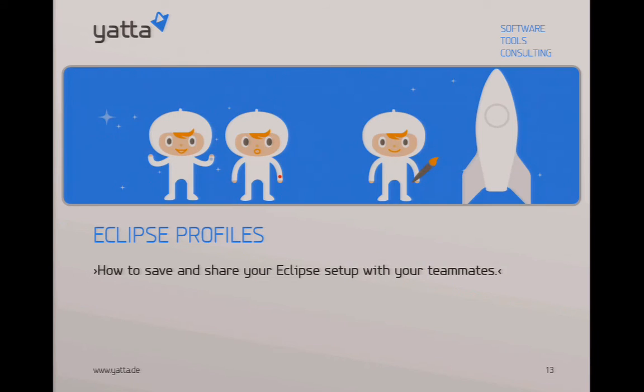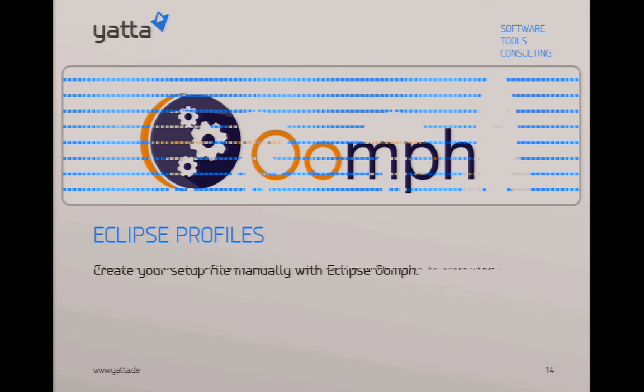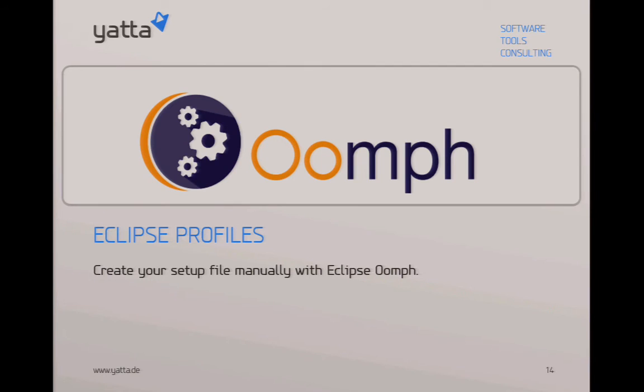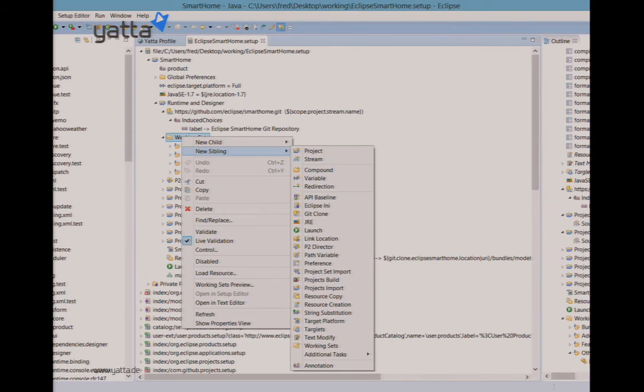And you may wonder how to create a profile. I already talked about Oomph. For sure, you can create it manually with Oomph. So, did anyone use Oomph before? Oh, okay. Then you know that view. That's this table view.